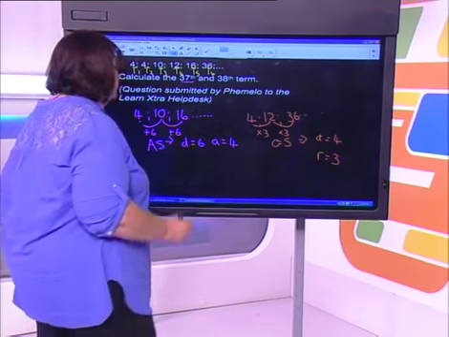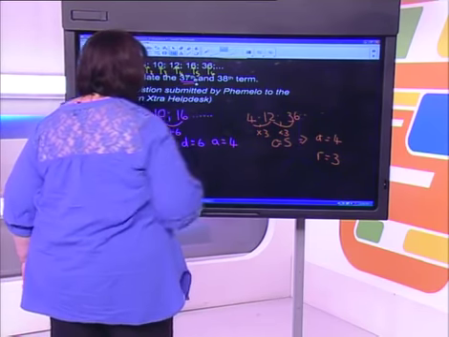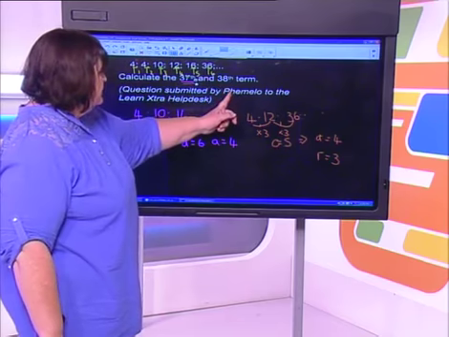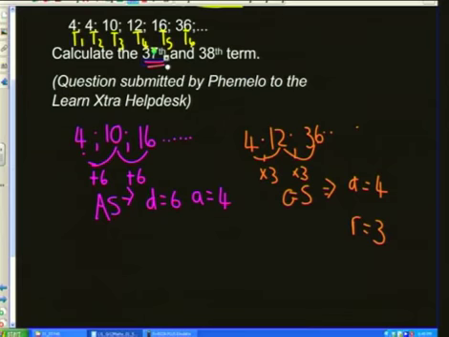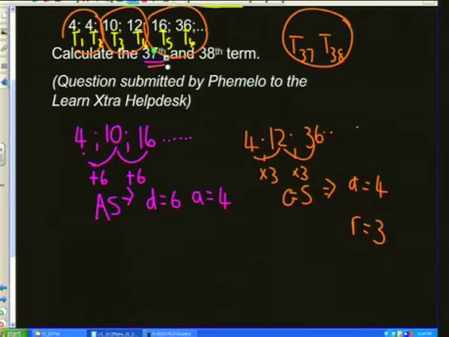Now, let's go back to it. If I'm looking for the 37th term in the sequence, but I've divided the sequence into two parts, what do I notice? Well, if I look here, these two make a pairing, if you like: arithmetic geometric, arithmetic geometric, arithmetic geometric. So if I keep doing that, term 37 and term 38 will be a pairing.